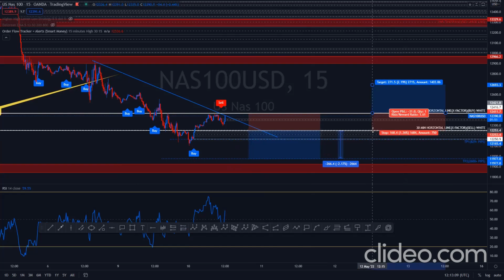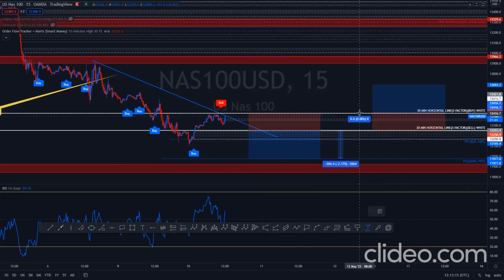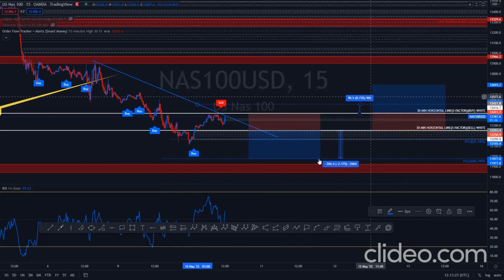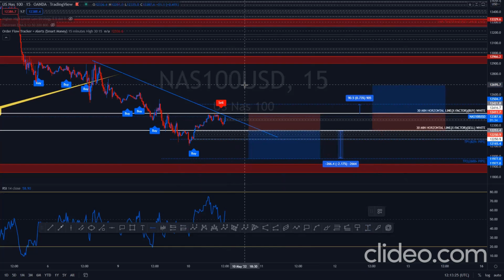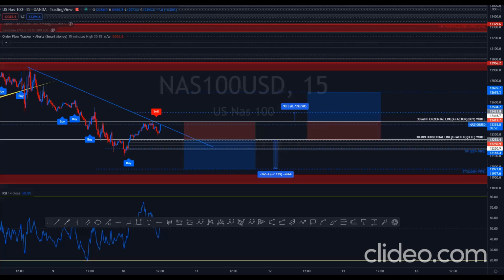I'm going to set my risk reward tool for the buy as well. And I would try to shoot for 10 pips worth of NAS. So this would be the first one here, and then this would be the second one here.